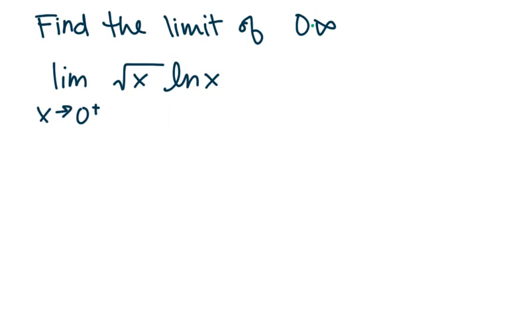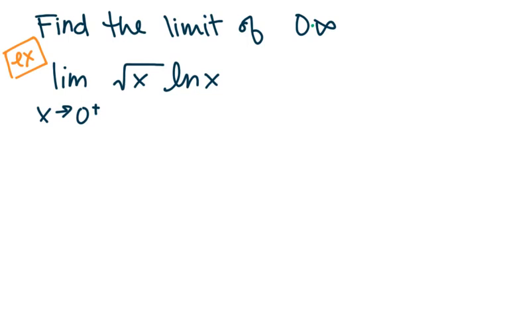For our example here, we're going to look at the limit as x approaches 0 from the right of the square root of x times the natural log of x. We have to consider it from the right because the natural log of x is not defined to the left of x equals 0.